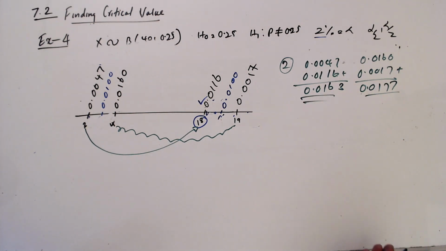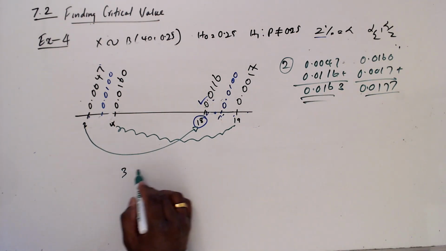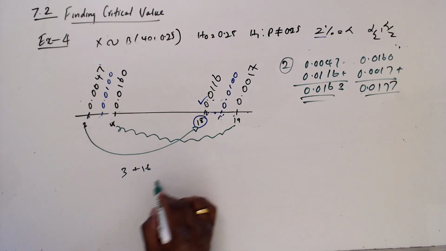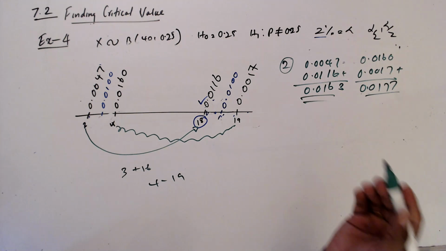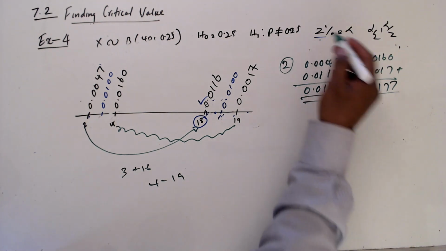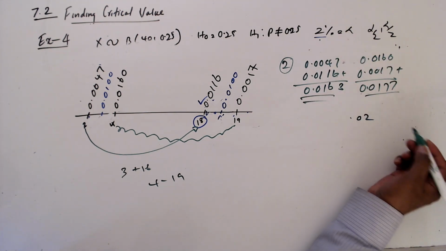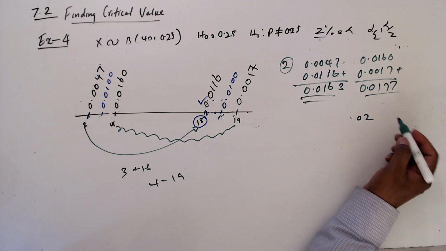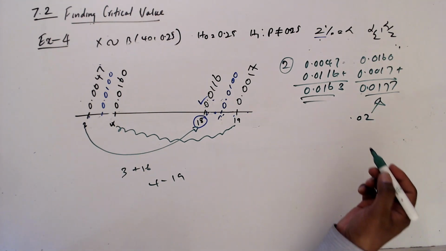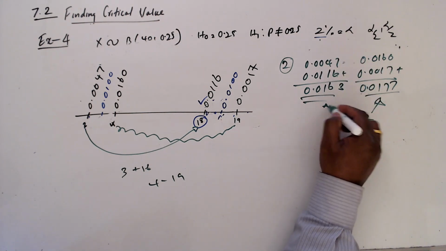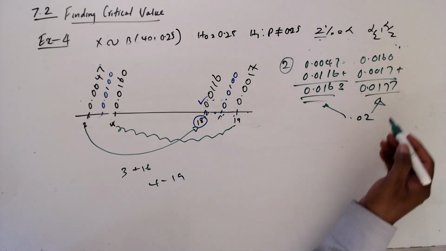Now we have two options, 3 and 18 or 4 and 19. Then we are looking at which value is much closer to 0.02. So this value is closer to 0.02 because of the addition, not this one. This is a bit far, this is closer.